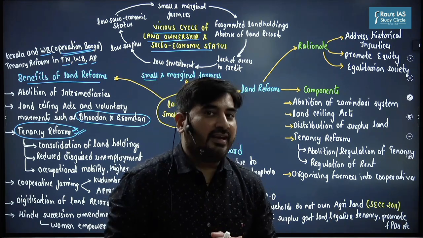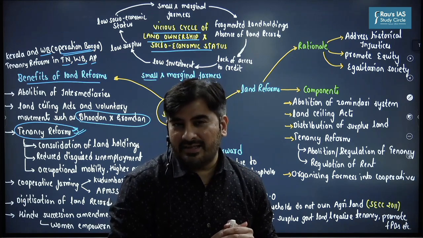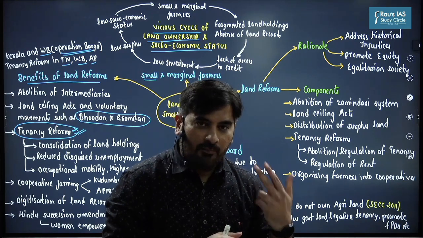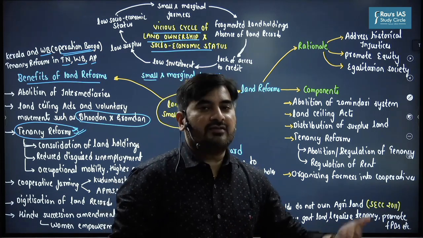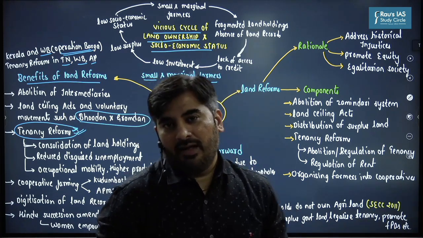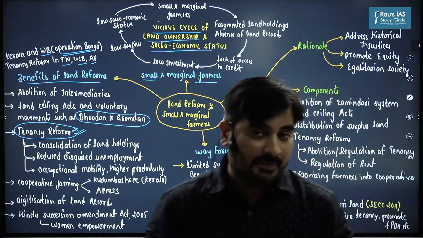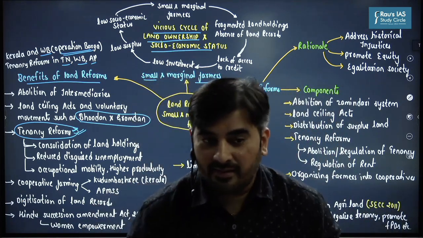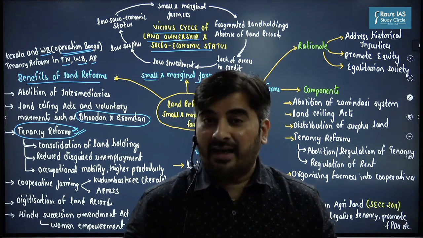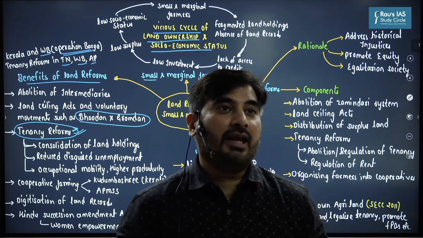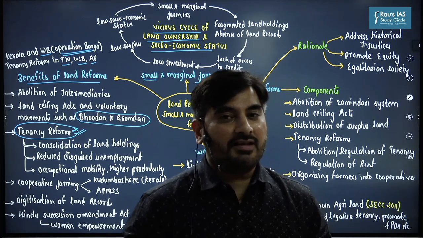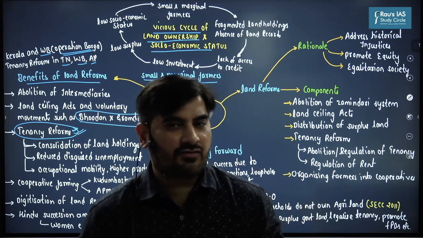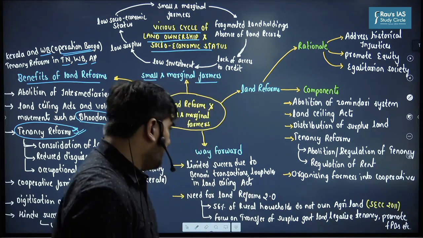In some of the states, cooperative farming has been highly successful. There are 2 important models which you must incorporate in your answer. One is the Kudumbashree model in Kerala, and the other one is in Andhra Pradesh, known as the Andhra Pradesh Mahila Samata Society, APMSS. This is another successful model of cooperative farming.